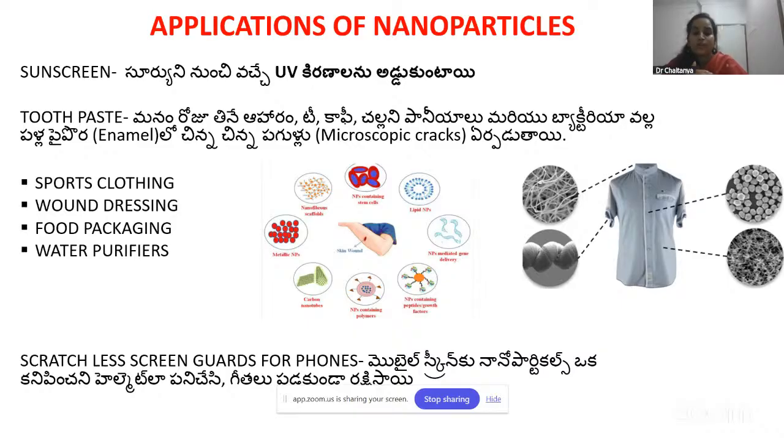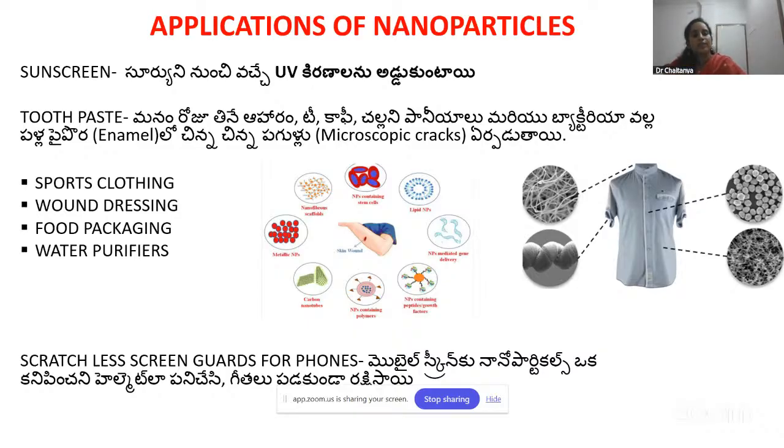Suppose we take tomatoes. If you keep tomatoes outside, they last 10 days. But if that paper is coated with the nanoparticles, if you put it outside, it may increase the shelf life. Instead of 10 days, it will be fresh for another 20 days, 30 days, right? So like that, the nanoparticles have also been used in food packaging.